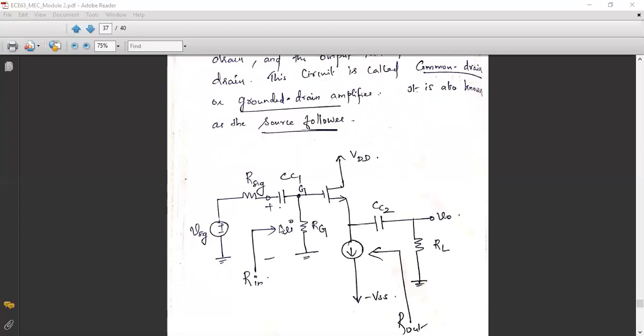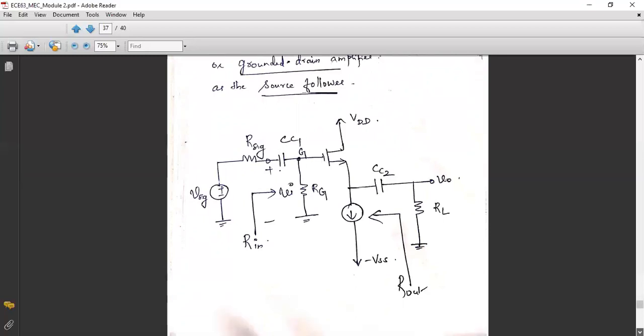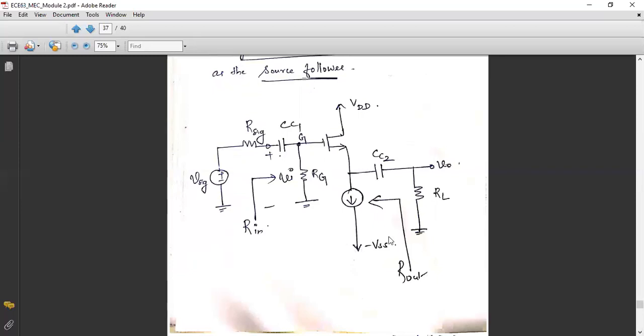Now, always keep in mind, you are taking the input through a capacitor and the output also through a capacitor. But these capacitors will not come into our picture while drawing the equivalent circuit, because capacitors will appear short circuited or deactivated. Again, you are having minus VSS here, but it will not be considered while drawing the equivalent circuit.